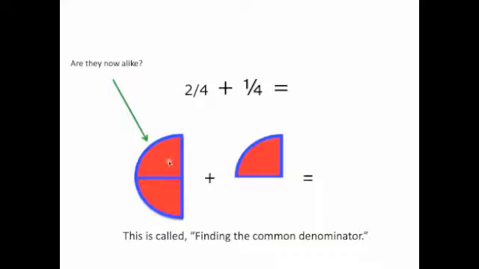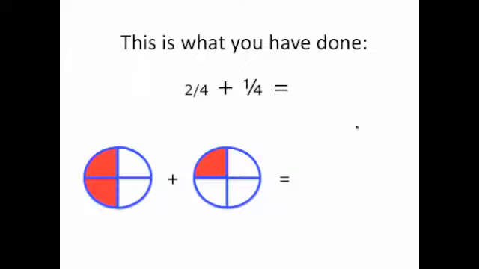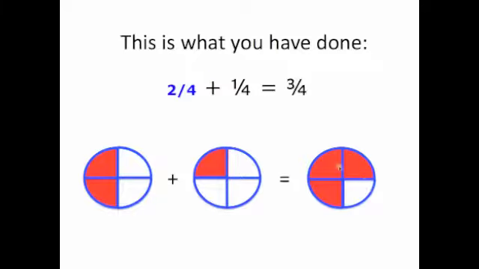Making these shapes the same size so they can be added is called finding the common denominator. Remember, the denominator is the bottom number. This is what you've done: 2/4 plus 1/4. 2/4 plus 1/4 equals how many? The answer is 2 of them plus 1 of them equals 3 of them. So 2/4 plus 1/4 equals 3/4.